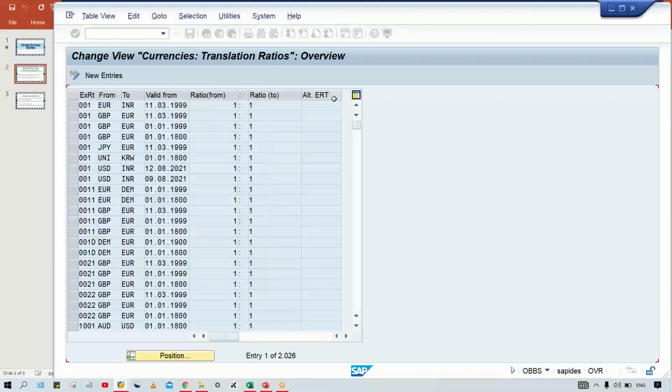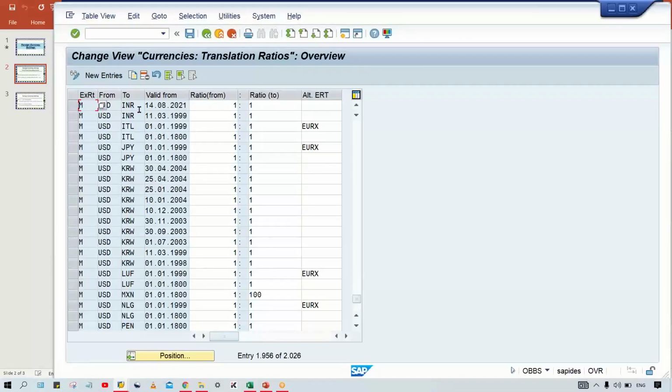This one. So it is maintained today. If it is maintained, no need to maintain again and again. Somebody has maintained it. No issues. So 1:1.